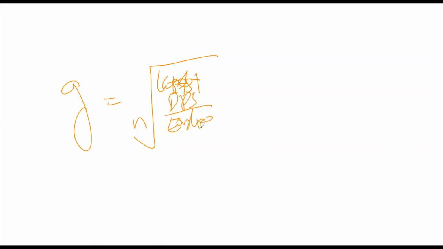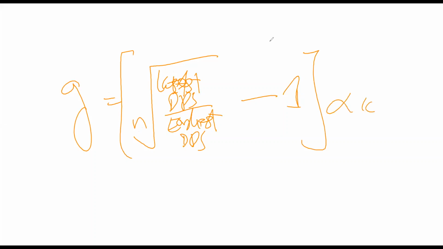We say growth rate is the nth root of the latest dividend per share over the earliest dividend per share, minus 1, all of these times 100. That's the formula I'm talking about. The most recent dividend divided by the earliest, take the nth root, minus 1.